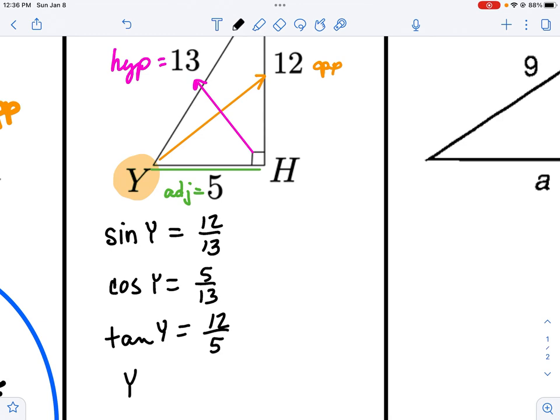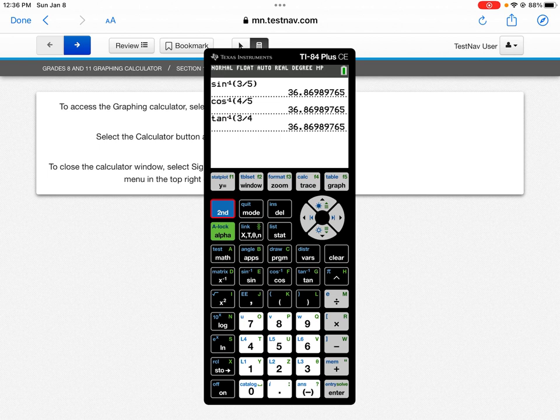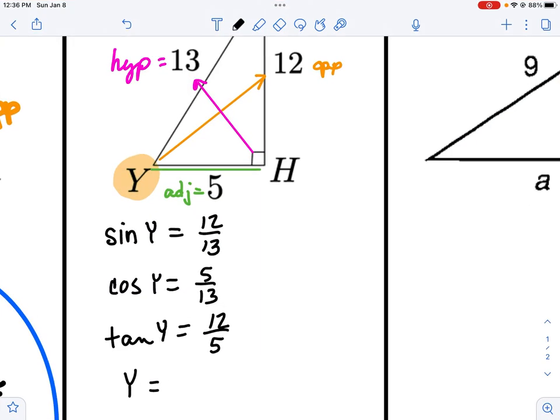And therefore the value of y, 12/13, we'll go to our calculator, we'll hit second sine of 12 divided by 13. We're going to get 67.4, so 67.4 degrees. Okay. And that is it.